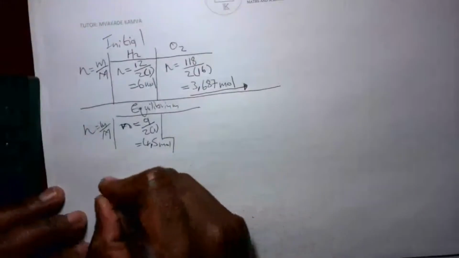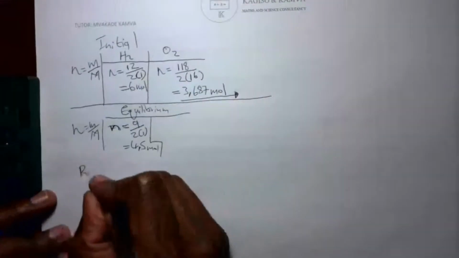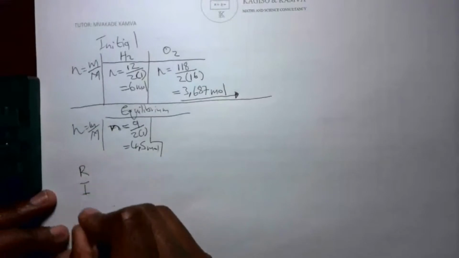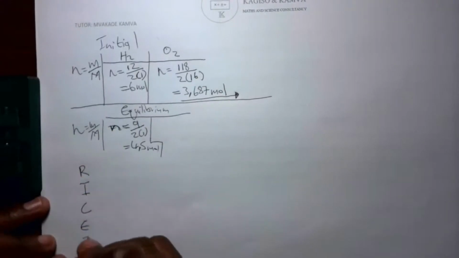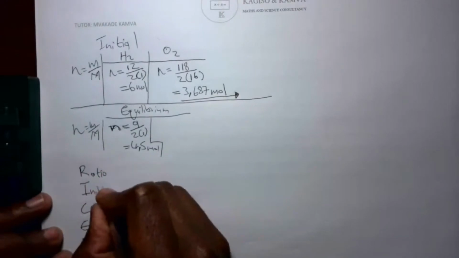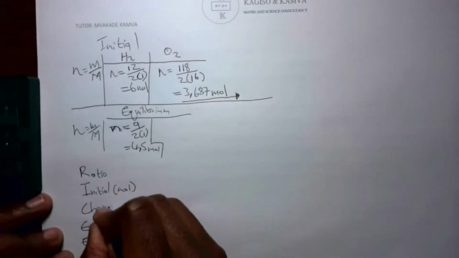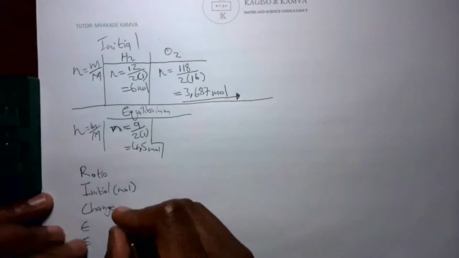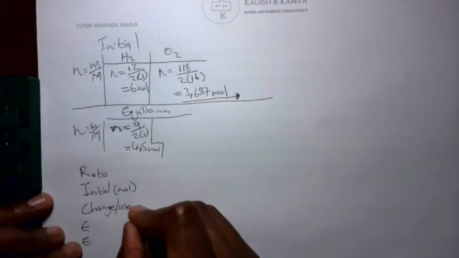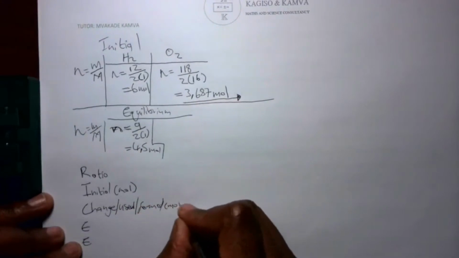When answering the question, we are going to draw a table like this one. This is R, I, E. R is the ratio, I is initial mole. This is the change, where we have used or formed, which is also in mole.